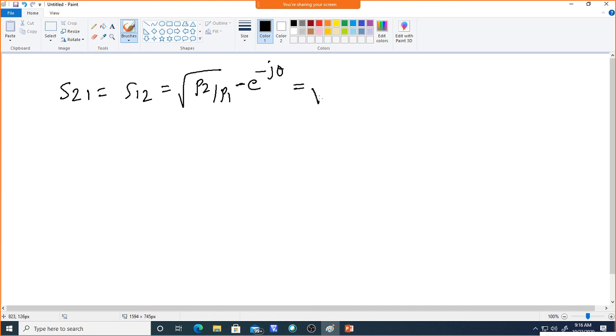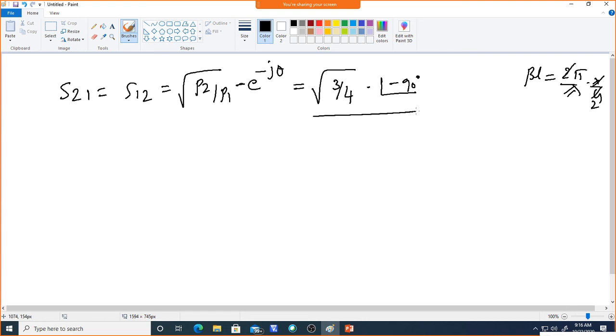The power P2 is 3 by 4th of the total power. If you calculate lambda by 4 beta L, it will come around 90 degree, that is 2 pi by lambda into lambda by 4, which is pi by 2, so 90 degree.